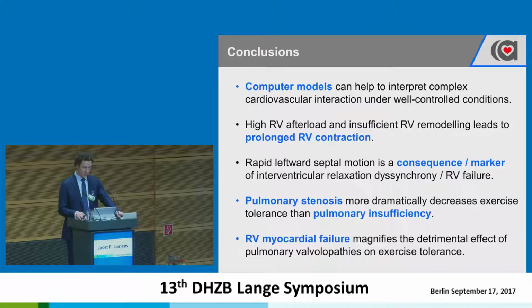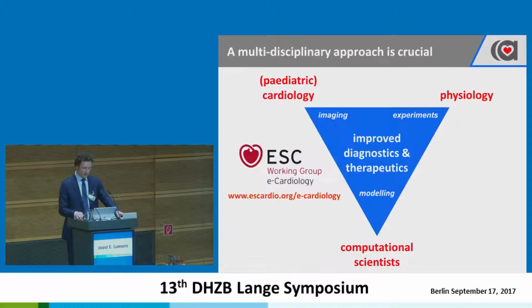And I'm not gonna read all those conclusions, but the last point I wanna make is that to reach that point, a good symbiosis is needed between pediatric cardiologists, clinicians, I should say in general, physiologists, and the computer nerds, scientists. So this is really important. People have to learn each other's language and listen to each other and recognize each other's problems. And this is very crucial to the potential success that can come out of this.